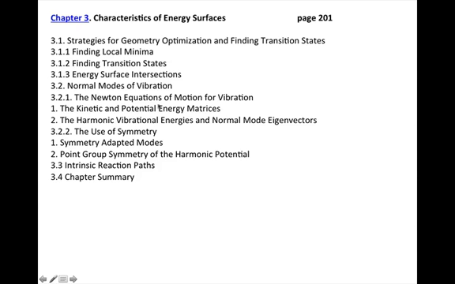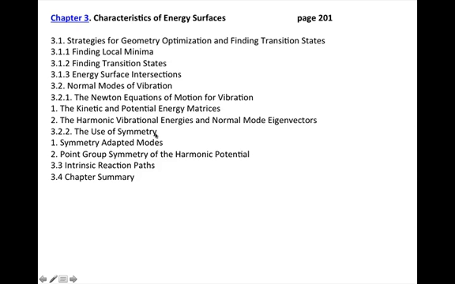To do this, we solve Newton's equations of motion for harmonic motion. We talk about kinetic and potential energies along these individual coordinates, and we carry out a harmonic oscillator vibrational analysis for the energies and the normal mode eigenvectors. The eigenvectors tell, for a particular vibrational motion, what amount of each of the 3n Cartesian coordinates of the individual atoms is involved in that motion.